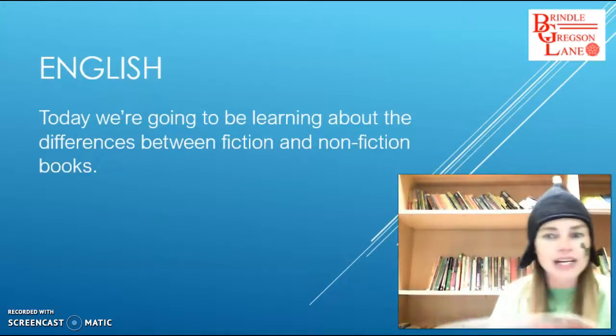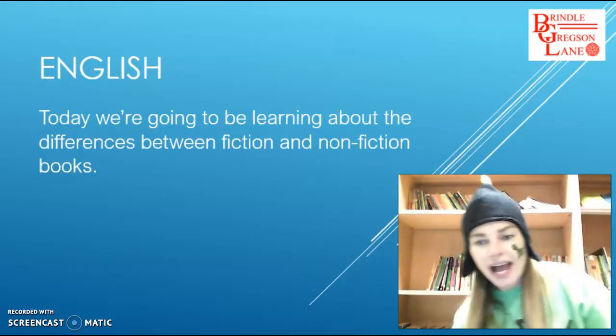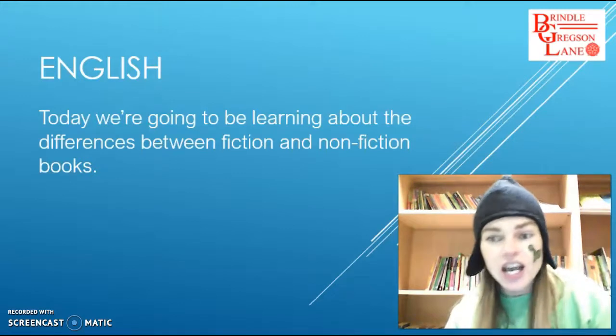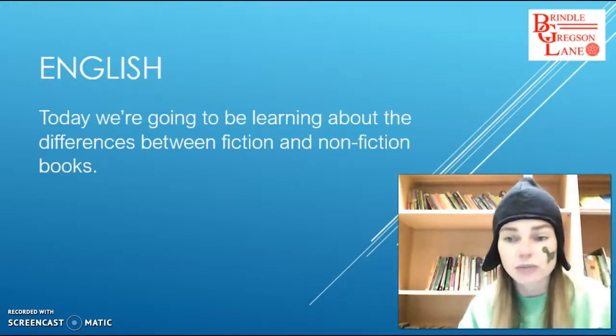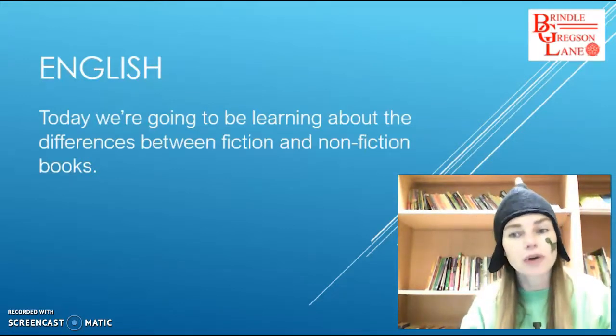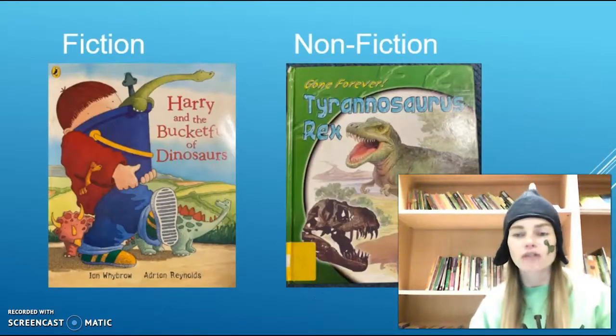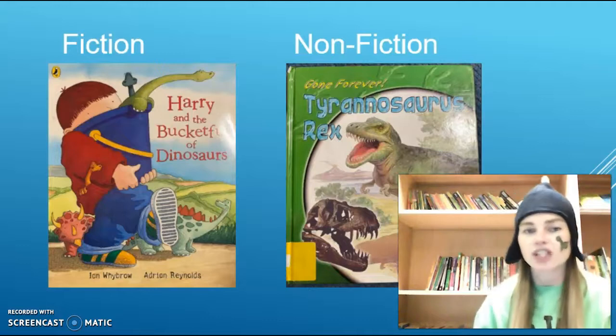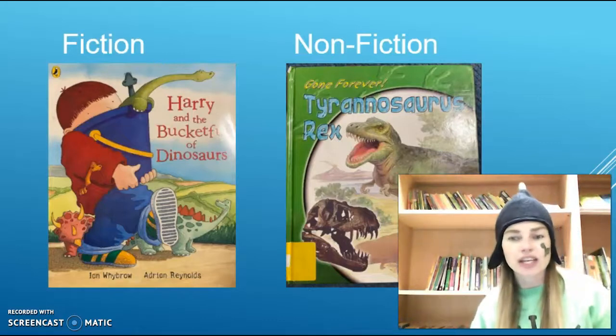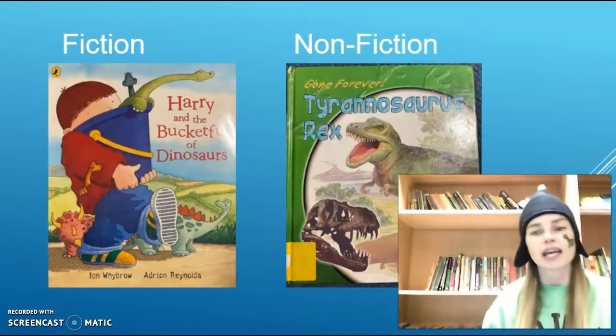But before we read any of that book, today we're going to learn about some of the main differences between fiction and non-fiction books. On your screen, there are pictures of two books. One is a fiction book and one is a non-fiction book. Can you just have a little think now if you know which is which?